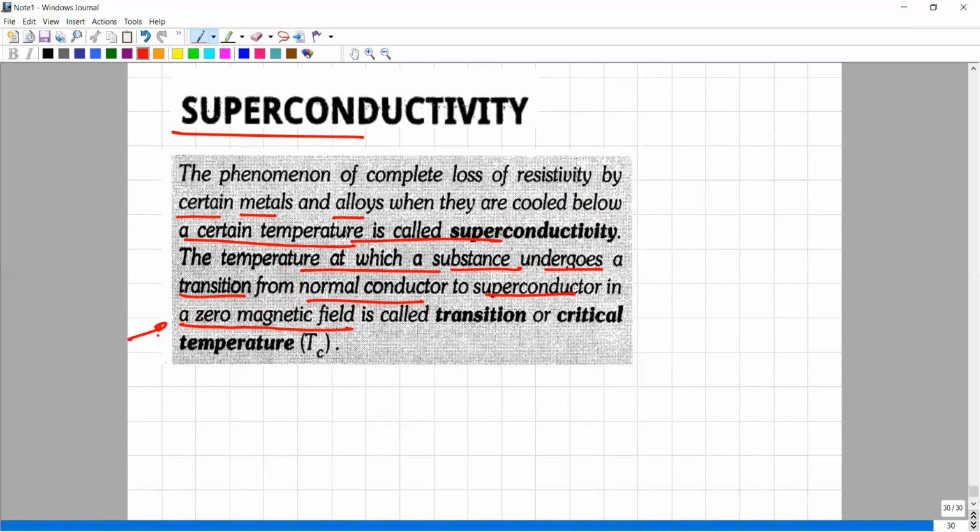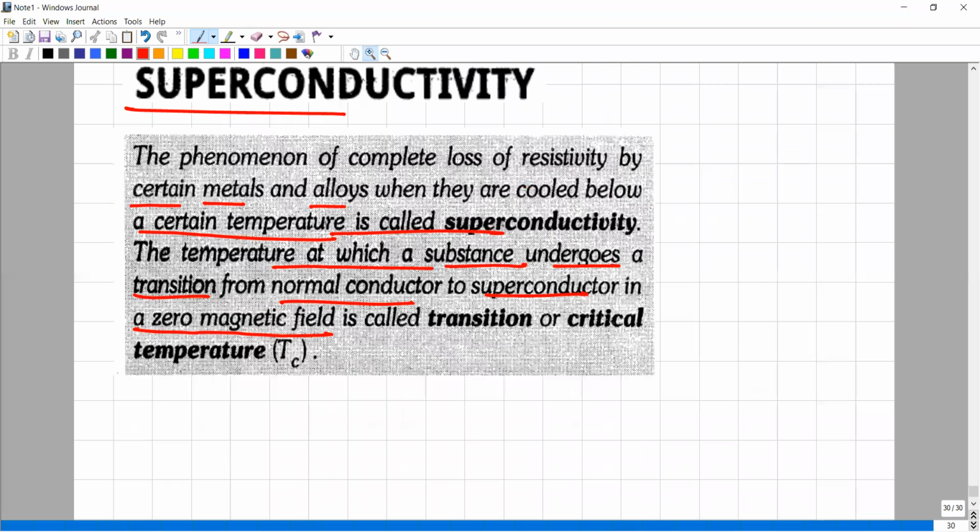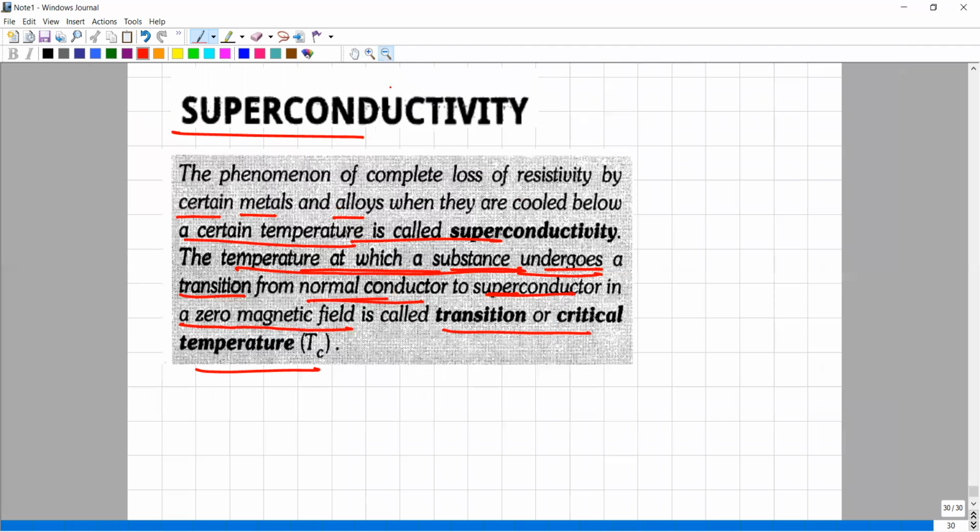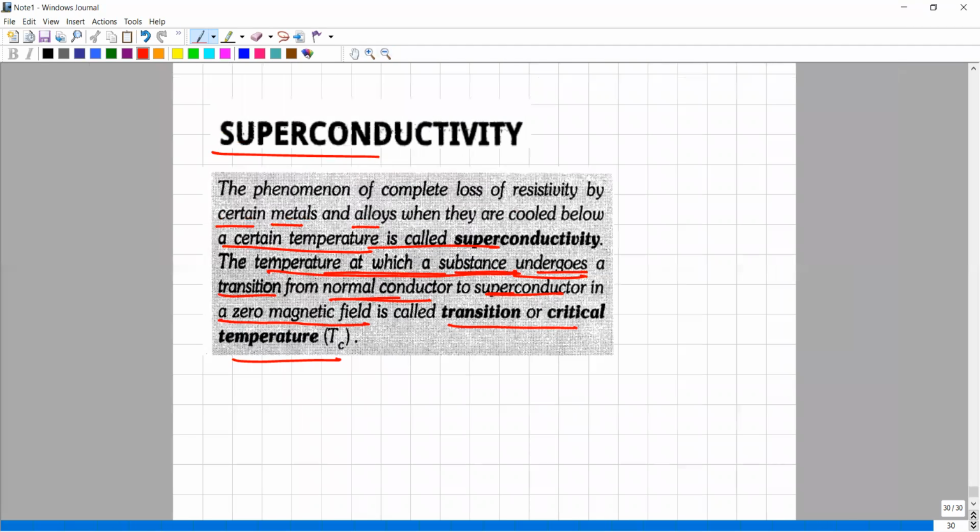Right now you would not be able to understand why zero magnetic field. In the next chapter, when you do magnetism, you will understand why. This temperature is called the transition or critical temperature. Very simple. The critical temperature is the temperature at which the normal conductor becomes a superconductor.